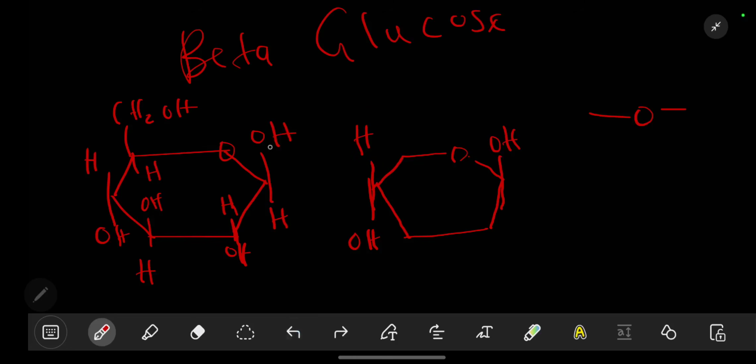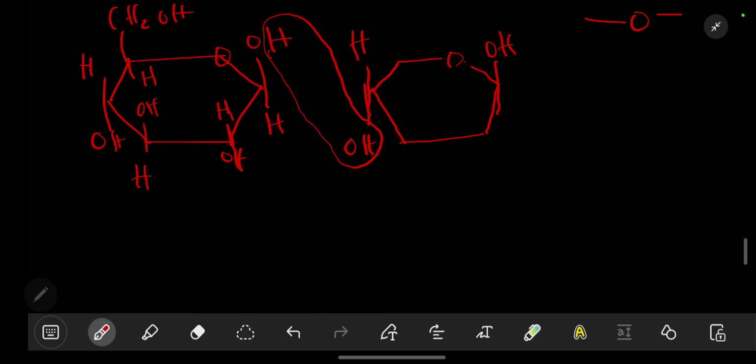What you're going to do is grab one of the hydrogens and combine it with an OH, like that. This releases water, and if water is released, we are going to have this type of structure. So we have the simplified structure, which will look something like this.